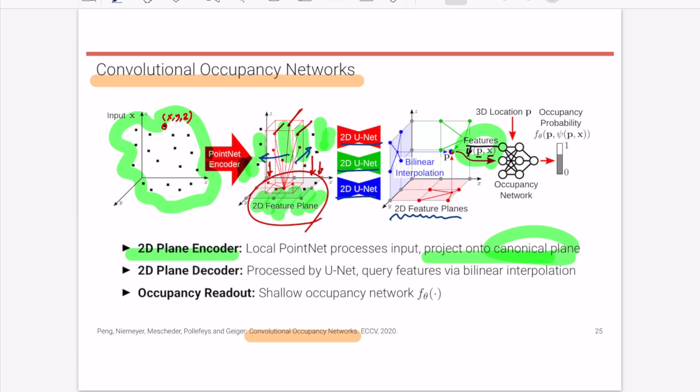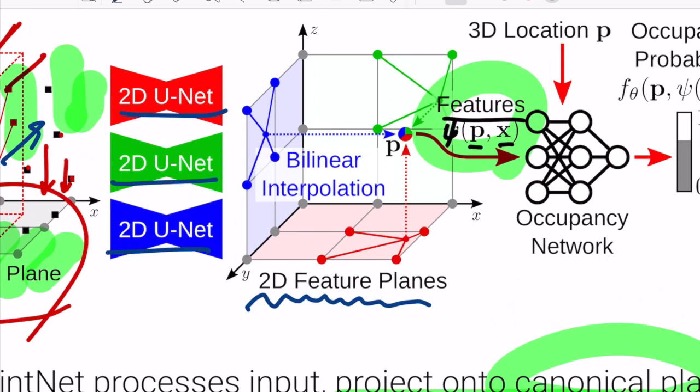Then finally we will have 3 2D feature planes.